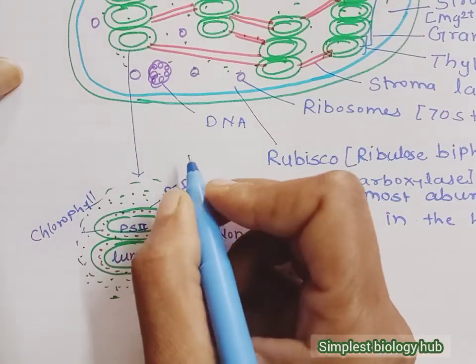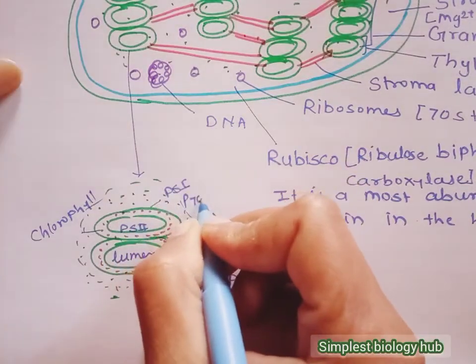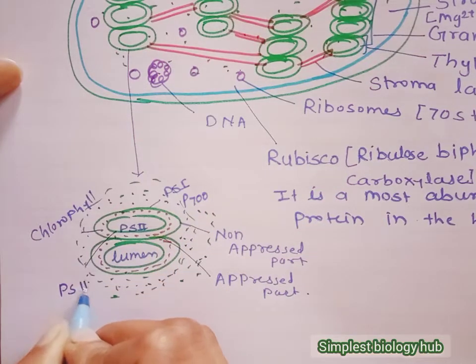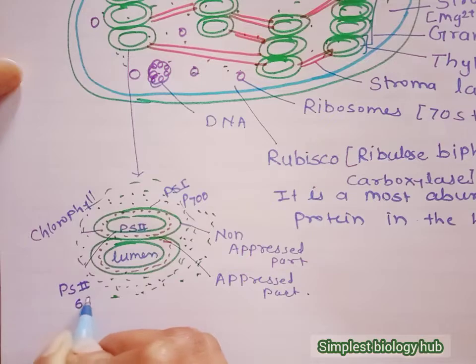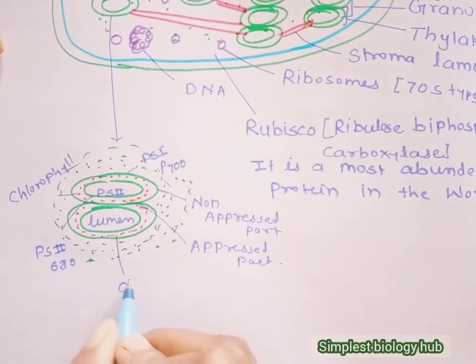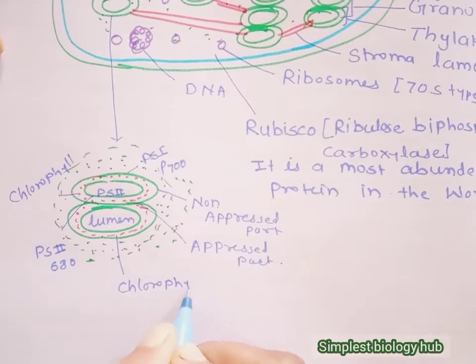In the appressed part, PS2, photosystem 2, takes place, and in the non-appressed part, PS1, photosystem 1, takes place. These photosystems are responsible for the light reaction and dark reaction of photosynthesis.